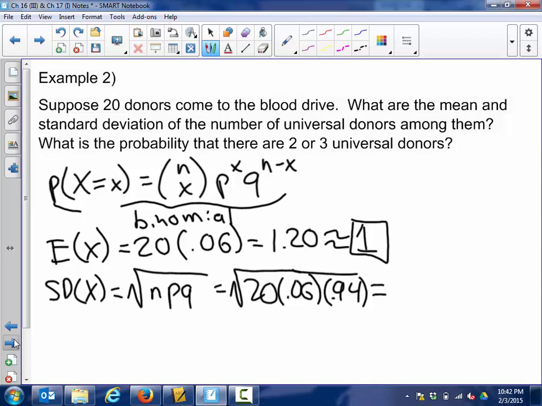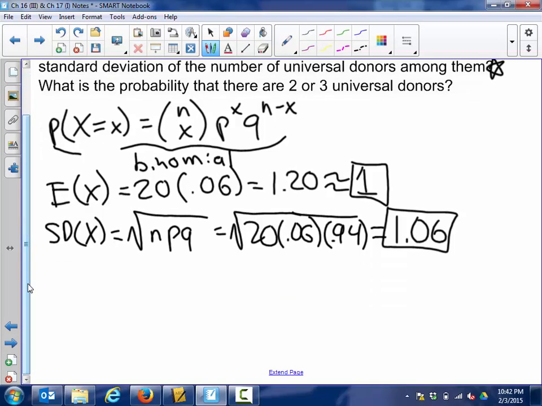Calculating that, the square root of 20 times 0.06 times 0.94 is 1.06. So there's an average variation of about 1 person in this blood drive scenario where you have 20 people coming in at random.